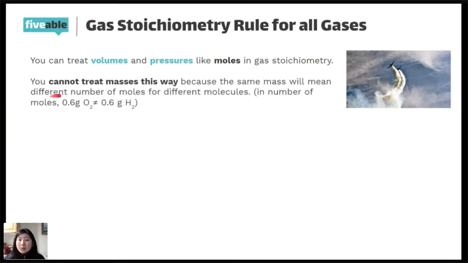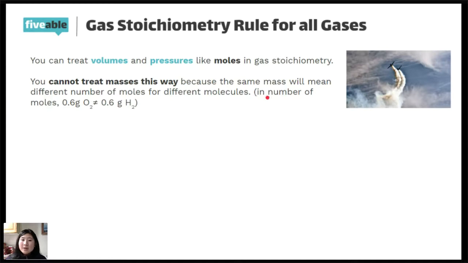You cannot treat masses this way, by the way. If you have 6.0 grams of oxygen, you cannot treat it like moles. This is always a rule. Do not treat masses like moles, because the same mass will mean a different number of moles for different molecules.